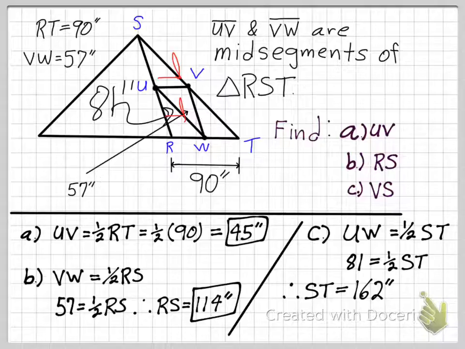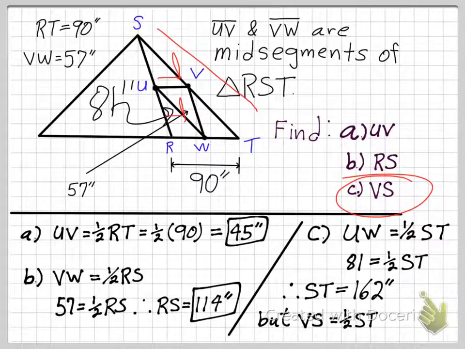So this whole leg is 162 inches. But that's not what it's asking for. It's asking for VS, which is half of that length. So VS is equal to 1/2 ST. Therefore, it's equal to 81 inches.